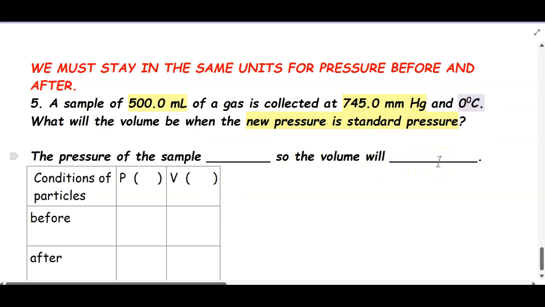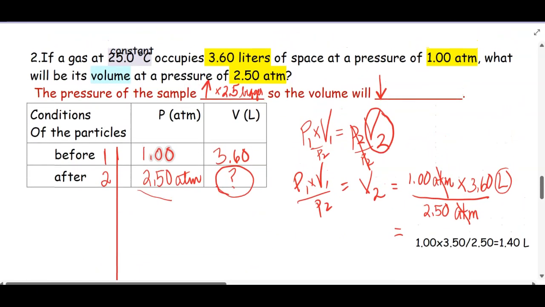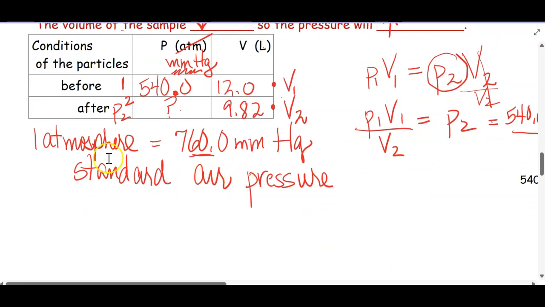Standard pressure. Let's go up and see if we talked about this before. Oh, standard air pressure is 1.00 atmospheres, or it is 760 millimeters of mercury.